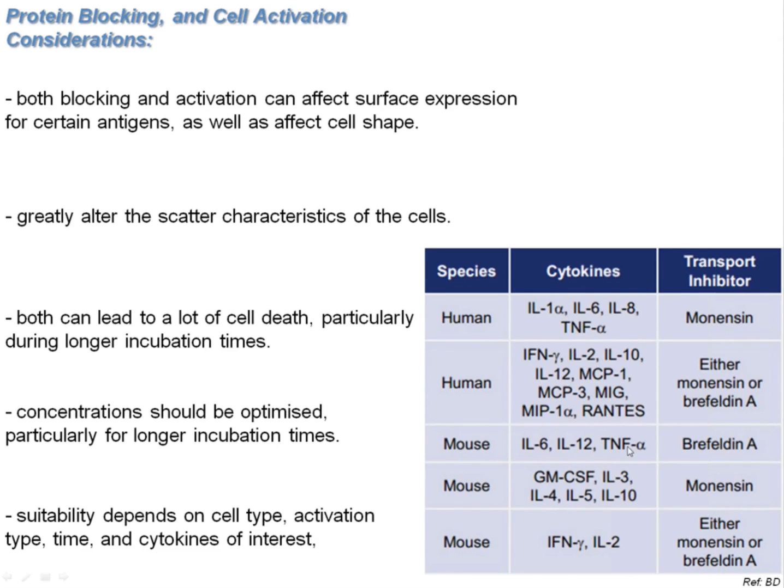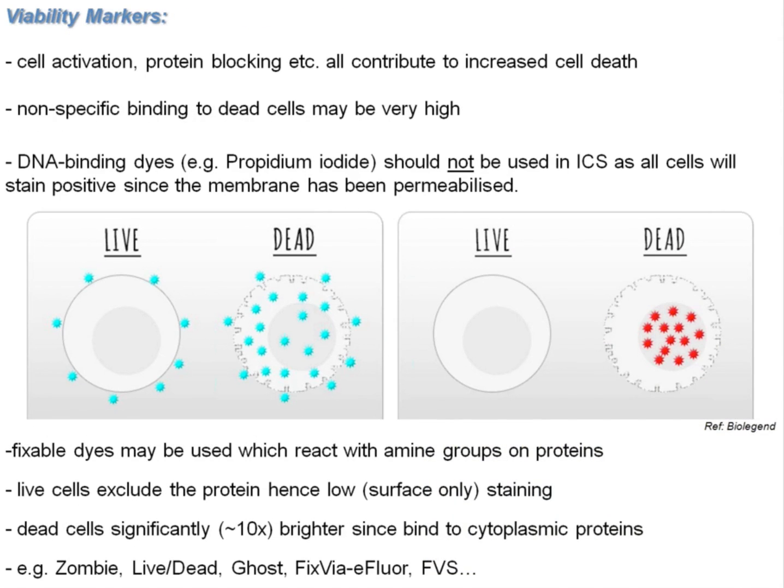So I'm sure all of these things are best optimized for your cell type and your stimulation type, ultimately in your hands. But these are things to be considered. As I spoke about, this protein blocking, as well as cell activation and all these other steps, can really lead to a lot of cell death.